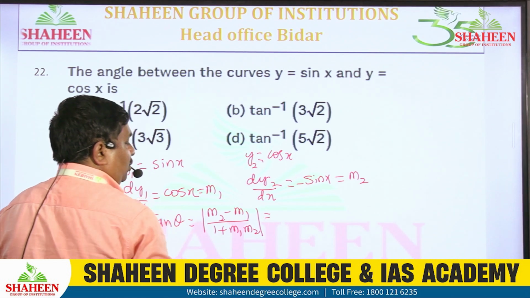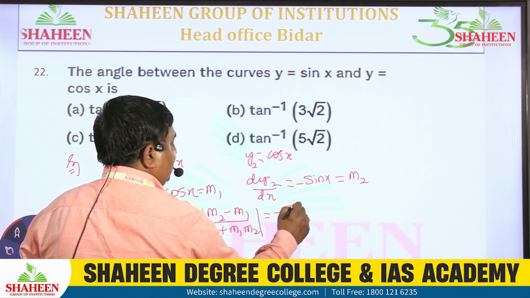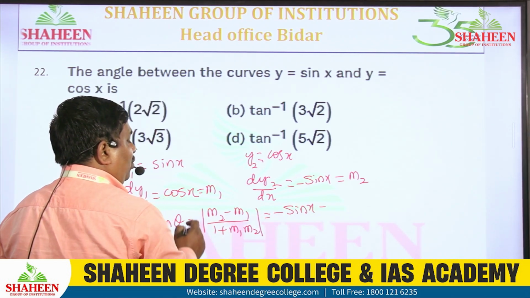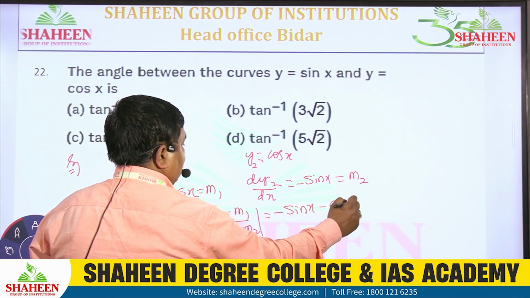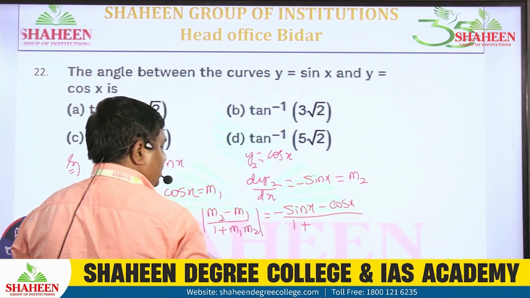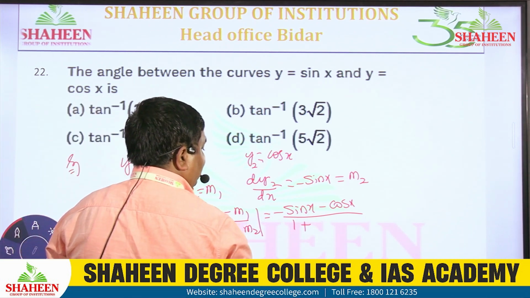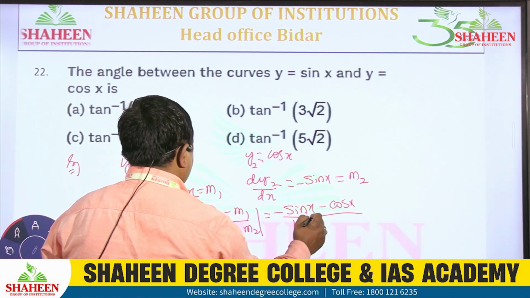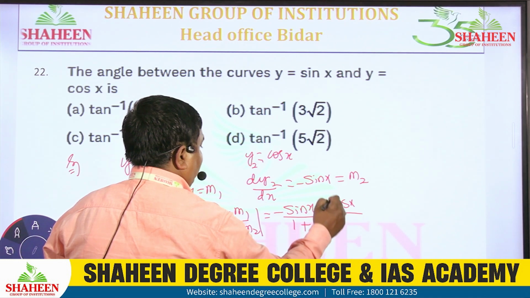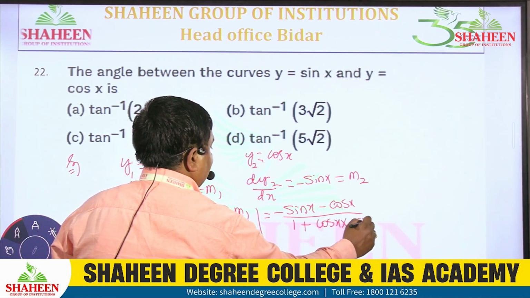Here it is equal to m2 is minus sin x, minus m1 is cos x, divided by 1 plus m1 which is cos x, and m2 is minus sin x.